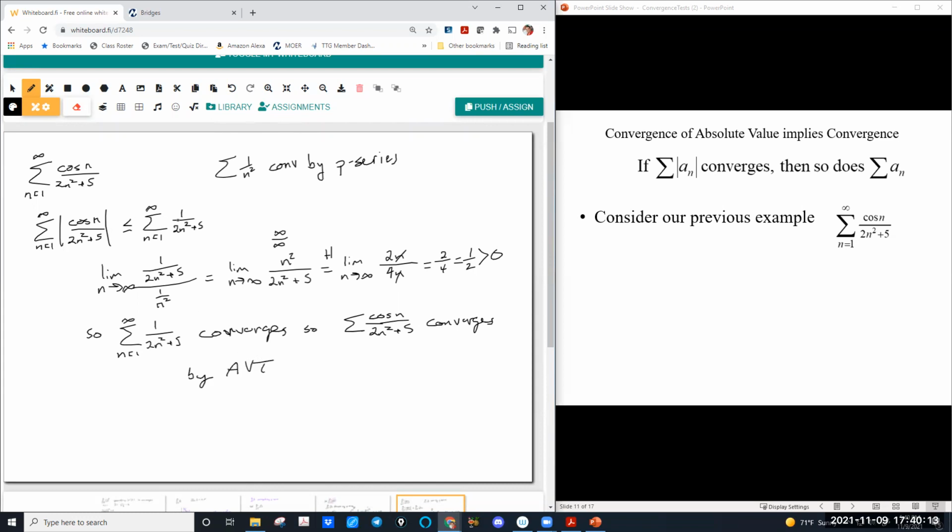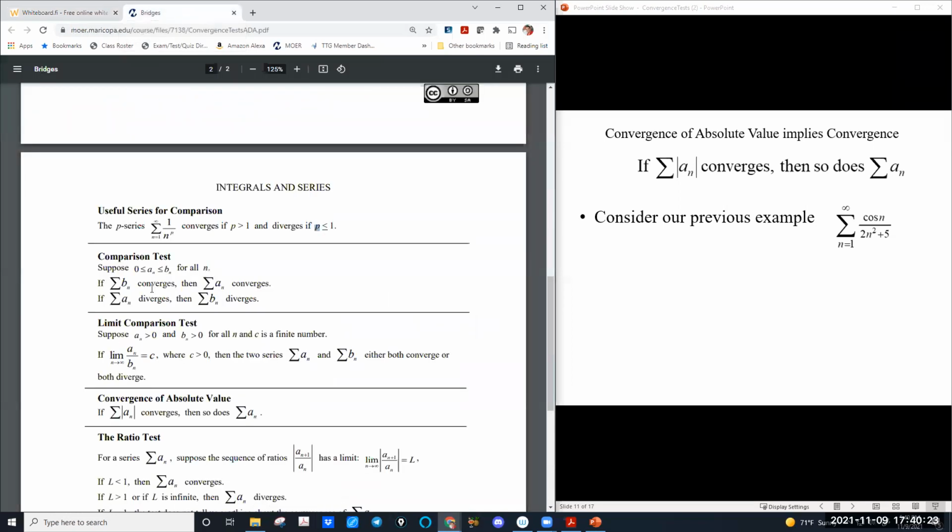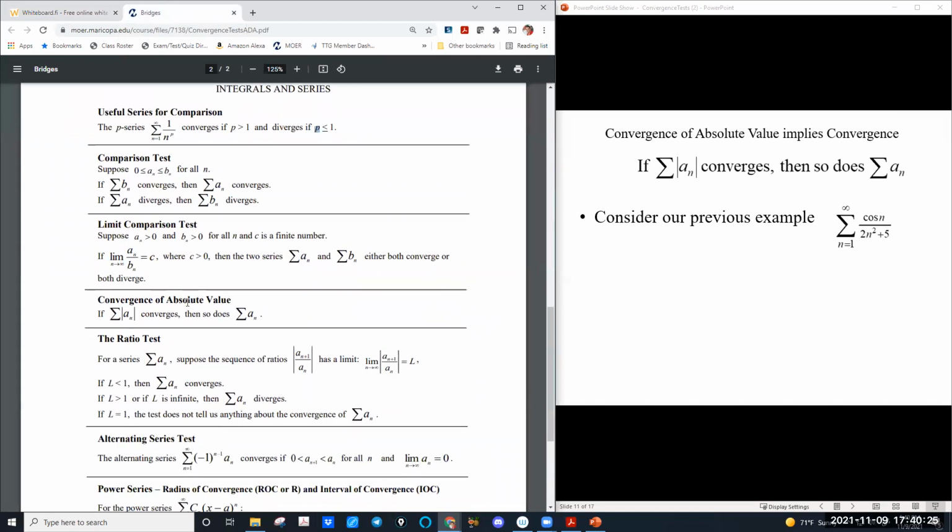We took the absolute value, dealt with that, and showed that it converges. So, the absolute value test: convergence of absolute value implies convergence. If you take the absolute value of your series and show that it converges, then what we have is convergence. And that's the absolute value test.